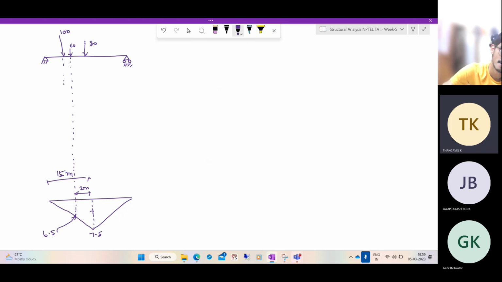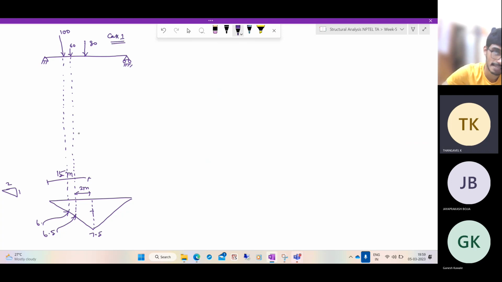And at 100, from here to here, it will drop by 1 because the slope of this line is 1 in 2. So here it will drop to 6. So this is case 1.